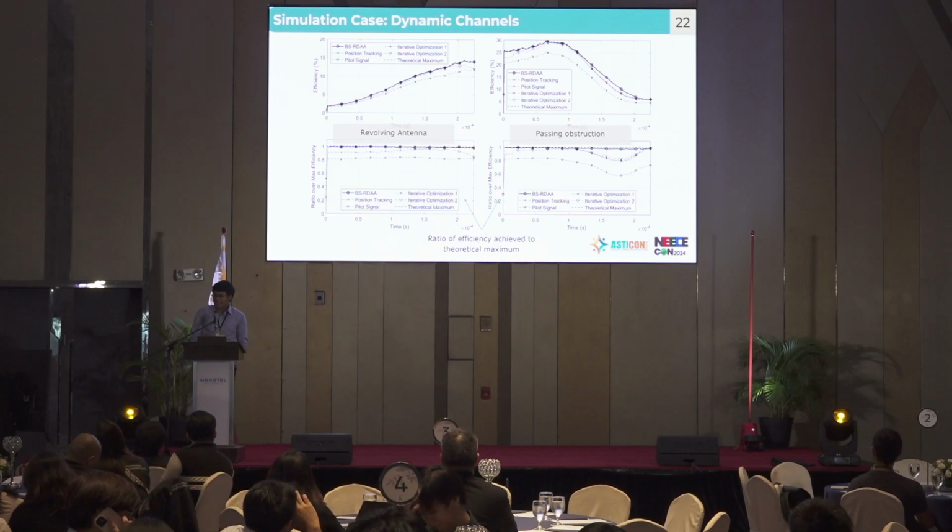The lower left graph is the ratio of the efficiency to the theoretical maximum. You can see that the position tracking type and the pilot signal type are not able to achieve maximum efficiency in most cases, but the iterative, feedback-based types can achieve the maximum possible efficiency.